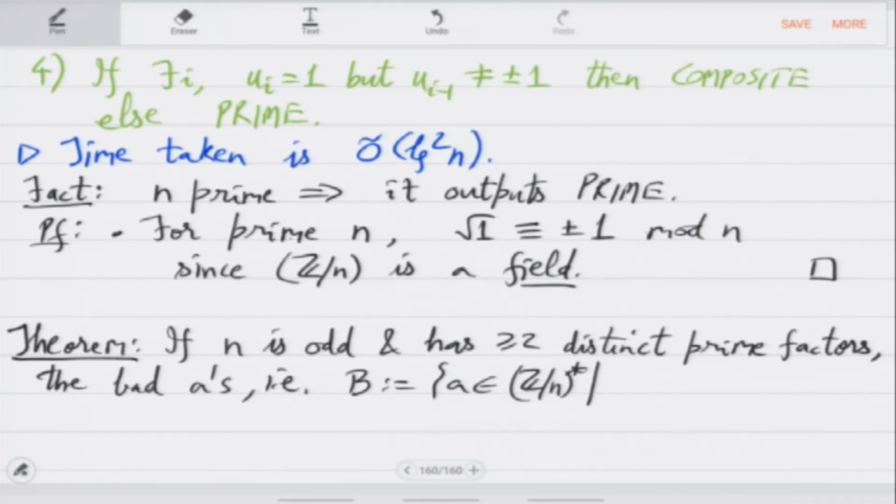So for them a raised to m was 1, which means that all these ui's were 1, or somewhere minus 1 appeared, and after that a sequence of ones.